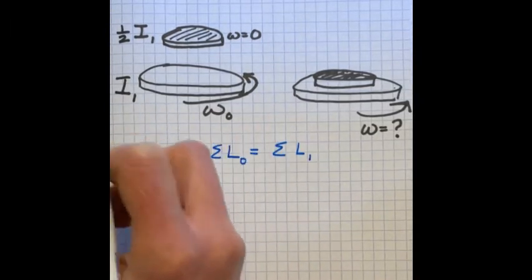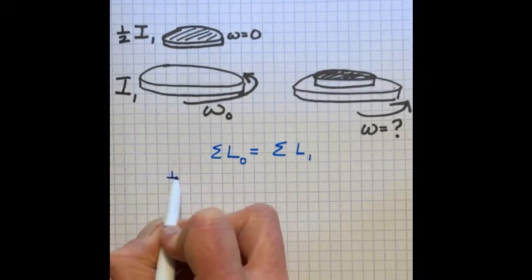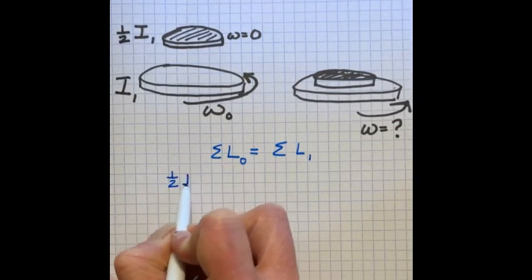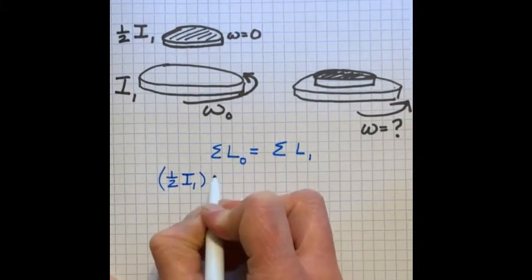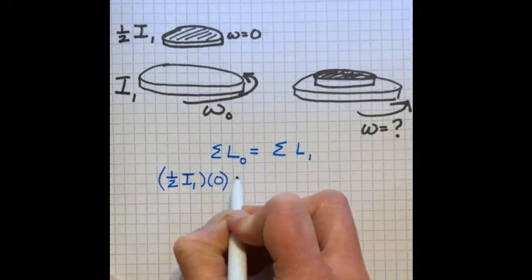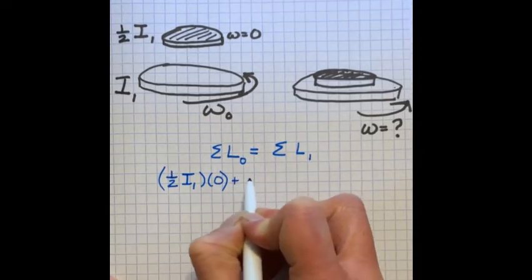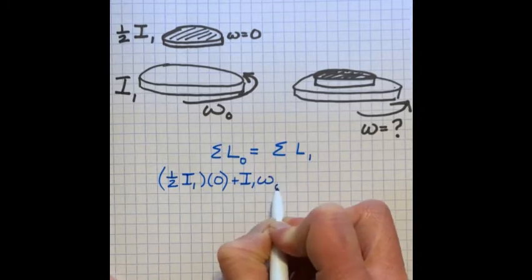On the left-hand side, we have two different objects. The small plate has a rotational inertia of 1/2 I1, times 0. The larger turntable has an inertia of I1 multiplied by omega 0.